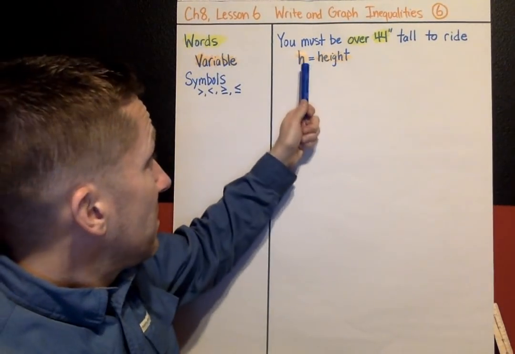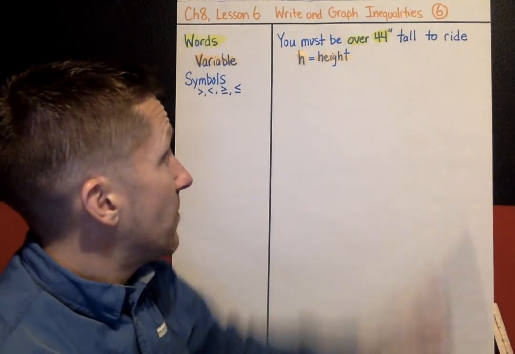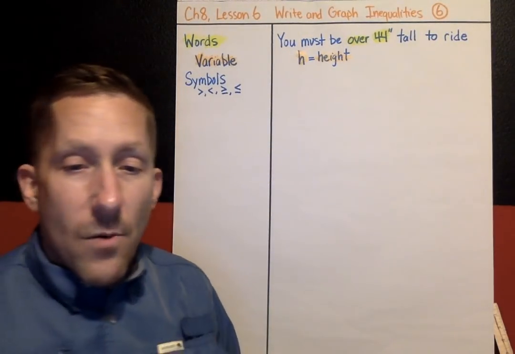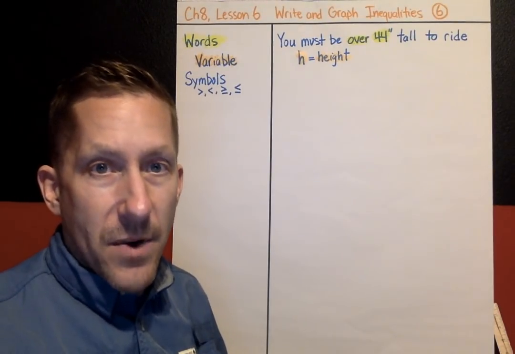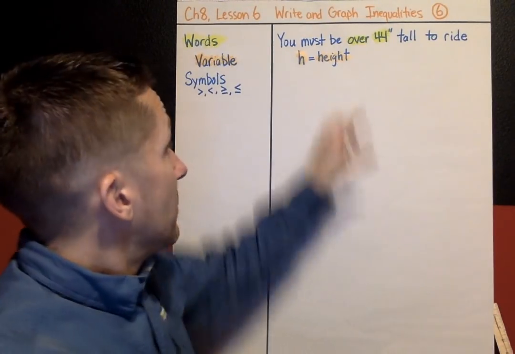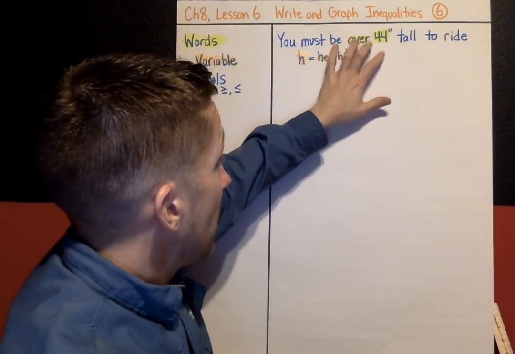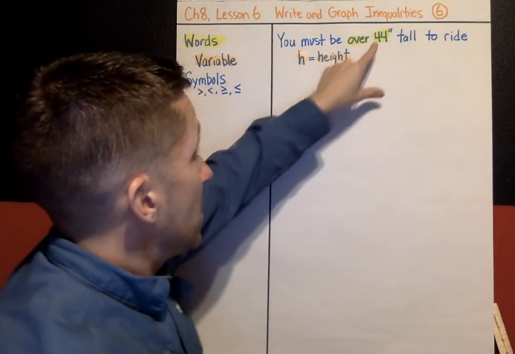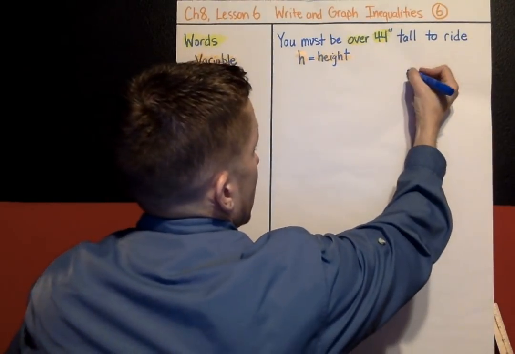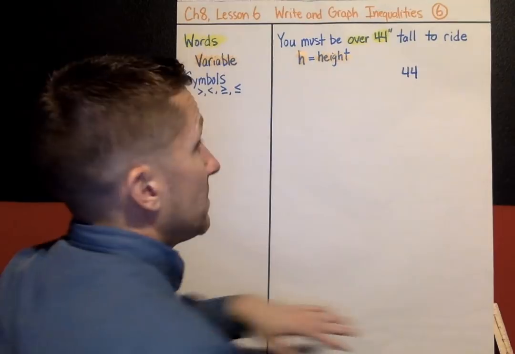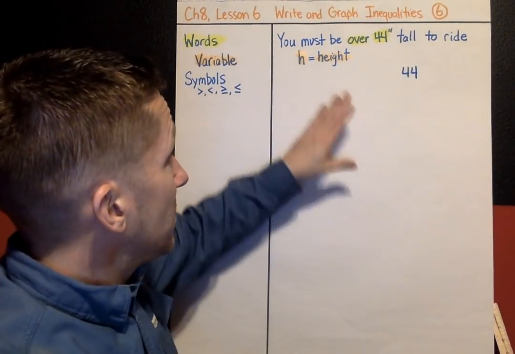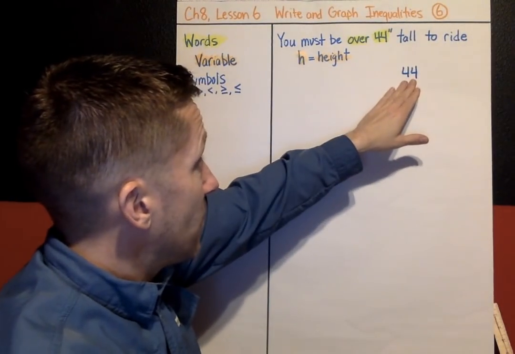So when I look at this sign, you must be over 44 inches tall to ride. One thing you can do is just start to think about the numbers that are involved with this, and start with a number that it's given. So I'm going to write some numbers over here. Can you be 44 inches tall? Let's say you're a kid, you walk up to this ride, and you're exactly 44 inches.